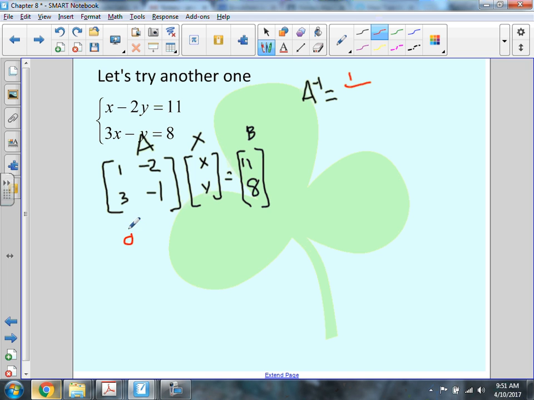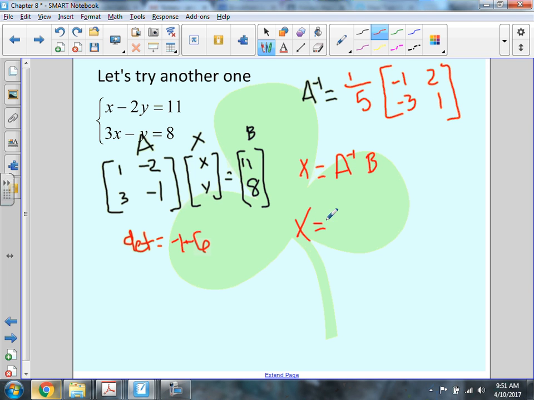Now the determinant is negative 1 minus negative 6, so it's plus 6, so it's 5, so it's 1/5. And then I'm going to switch the main diagonal, negate the other diagonal. So that's A inverse.